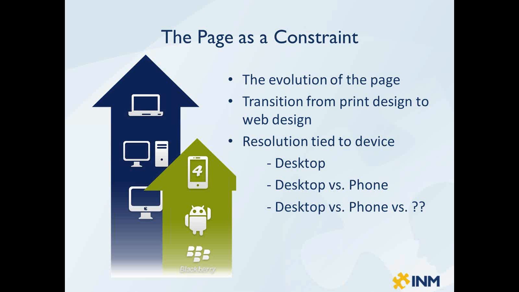This is still a binary paradigm. There were still a fairly limited set of resolutions relative to today. So you could still get away with developing a desktop version and a mobile version, for example, for an iPhone or for your Android phone.